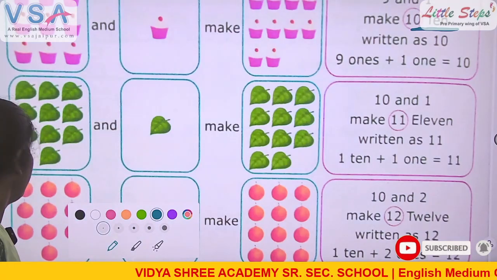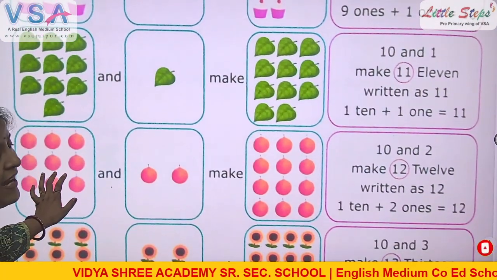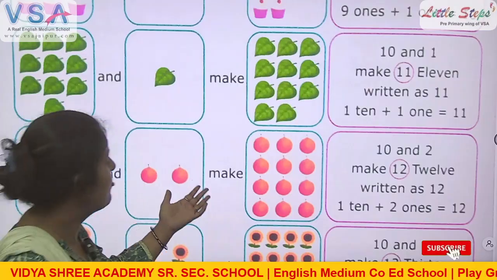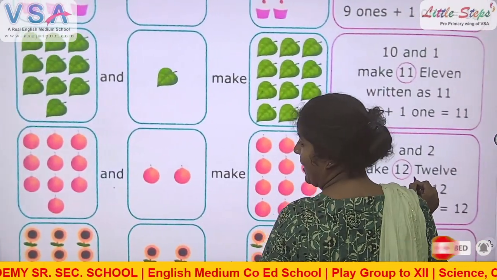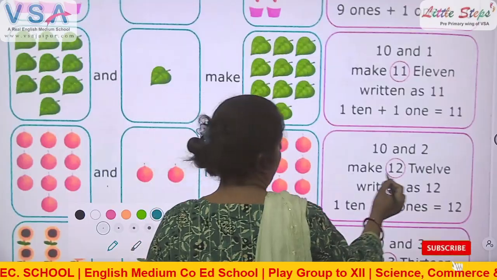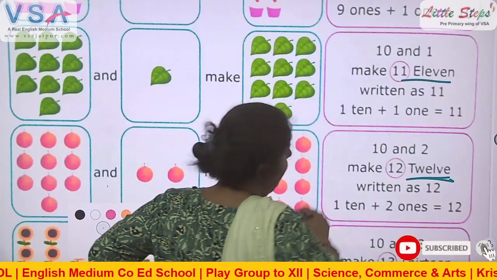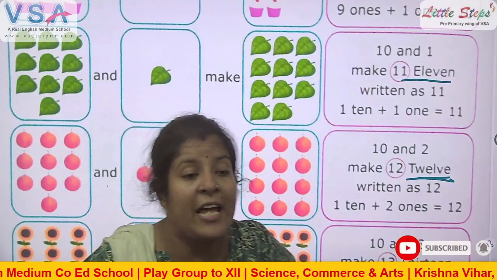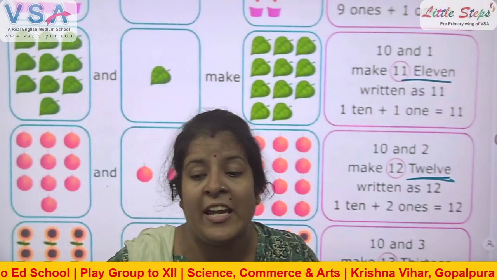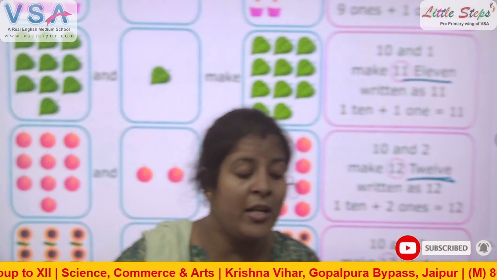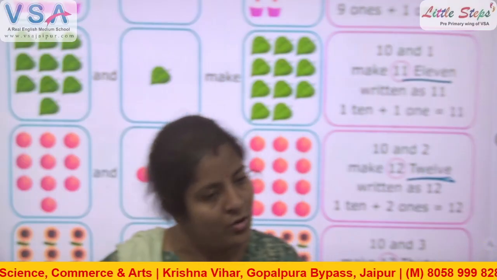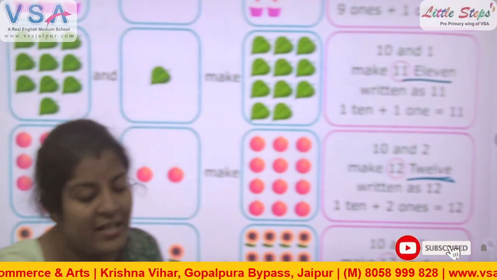And the next number is 12. 10 plus 2 is 12. And what is the spelling of 12? T-W-E-L-V-E. 12.